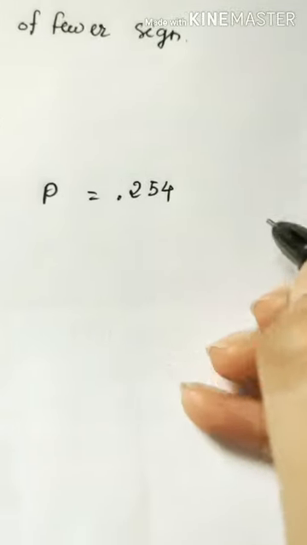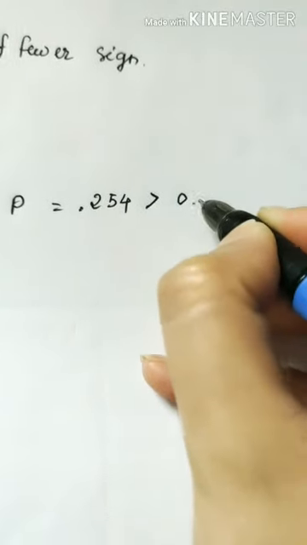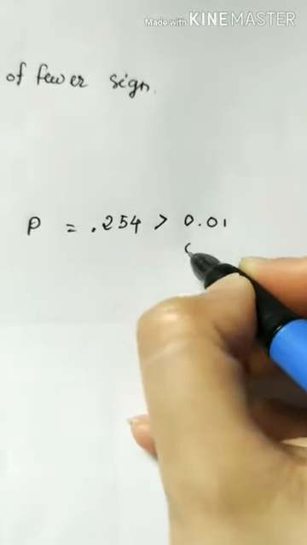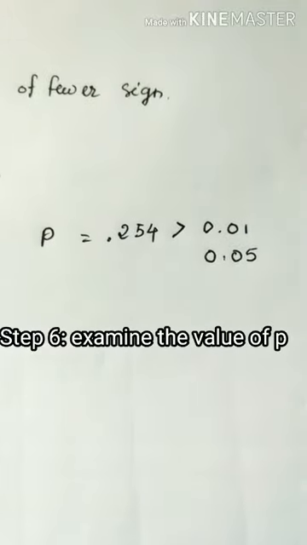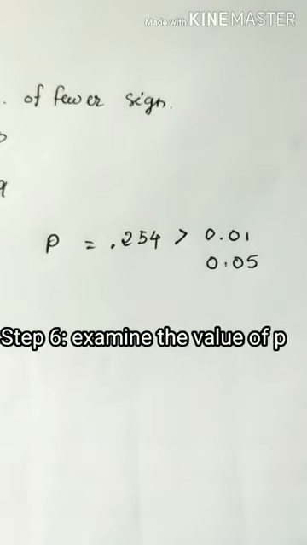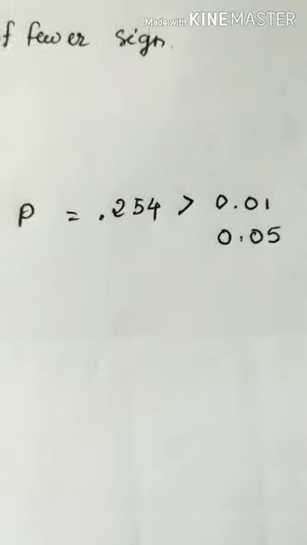This value is greater than 0.01 and 0.05. Step 6 is to examine the value of p, and the p value is greater than 0.01 and 0.05.